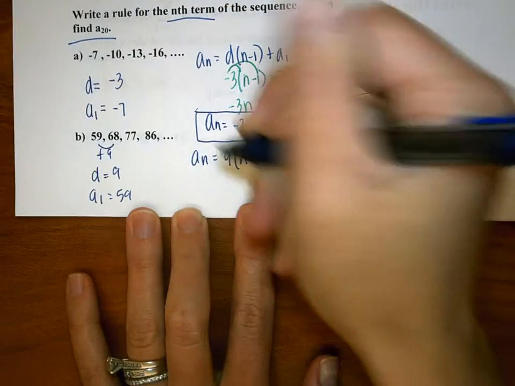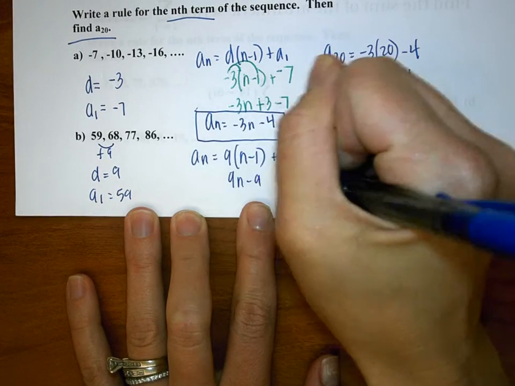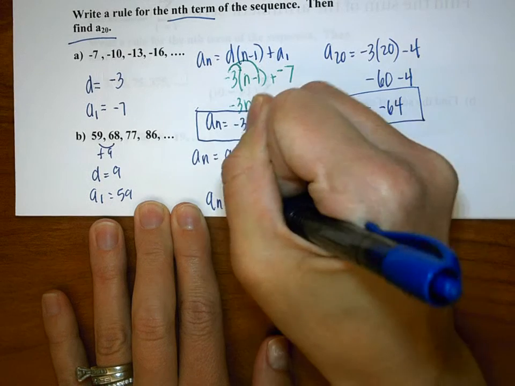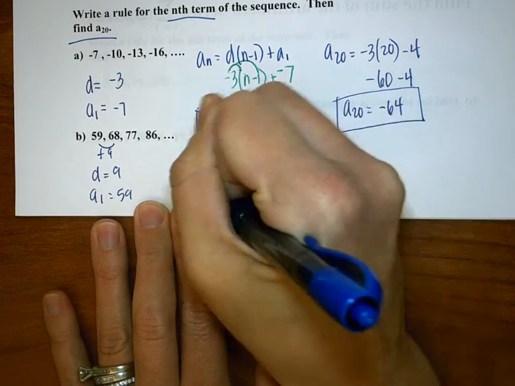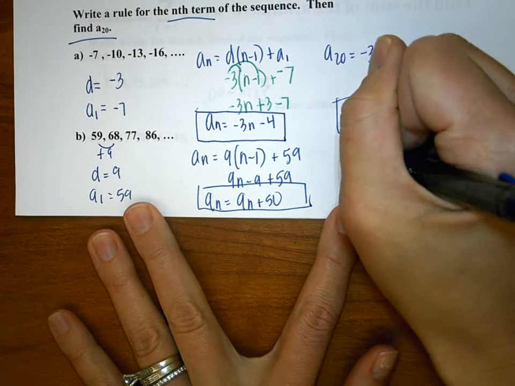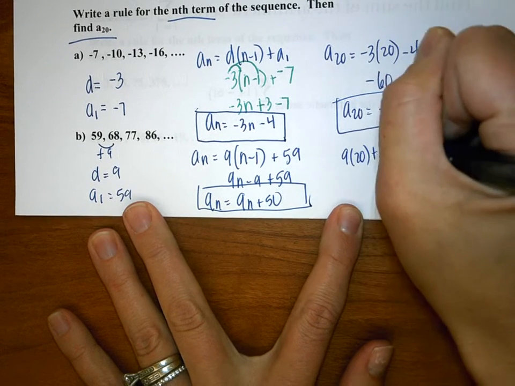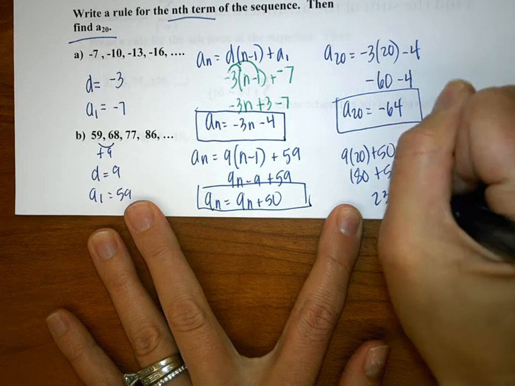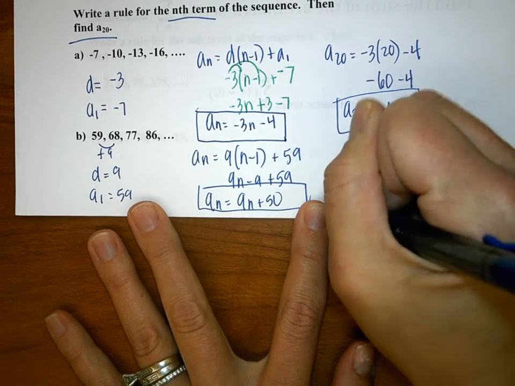We distribute the 9 through. We get 9n minus 9 plus 59, which makes my a sub n equal 9n plus 50 for my formula. Okay, then my 20th term, I'm just going to go 9 times 20 plus 50, 180 plus 50 makes 230 for my 20th term.